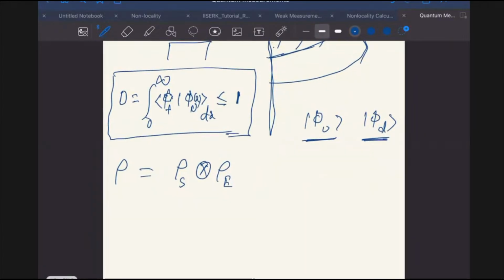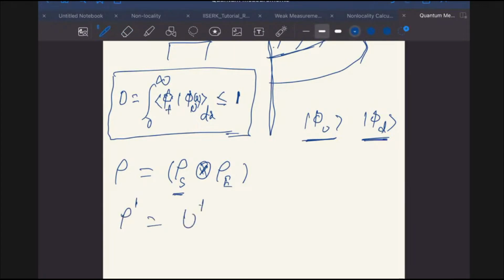Okay. So if I now want to find only my system, what can I do? In the interaction, it will evolve and emerge as some rho dash.